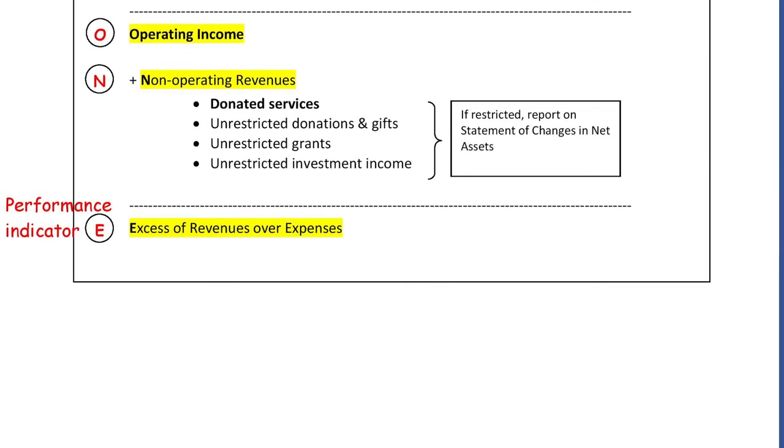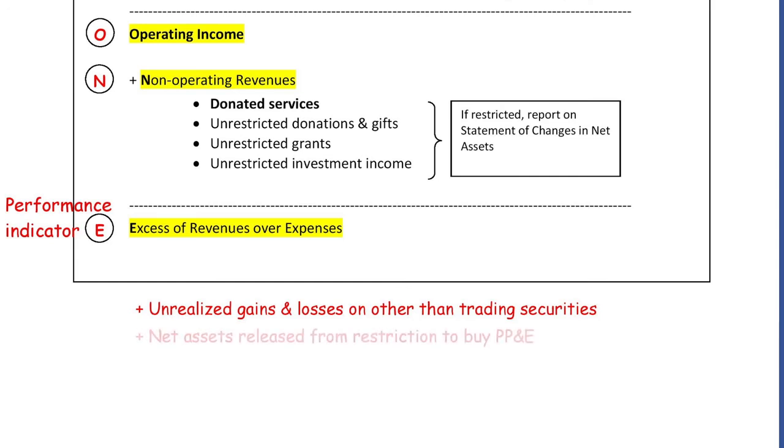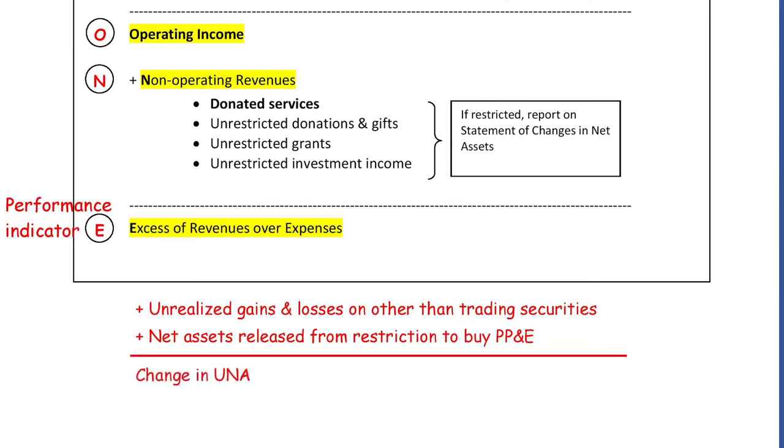On top of this, we've got plus unrealized gains and losses on other than trading securities, plus net assets released from restriction to buy PP&E, and this gets us to change in UNA, or change in unrestricted net assets, or net assets without donor restrictions.